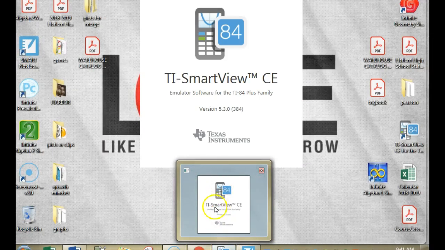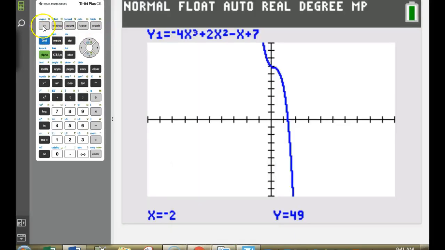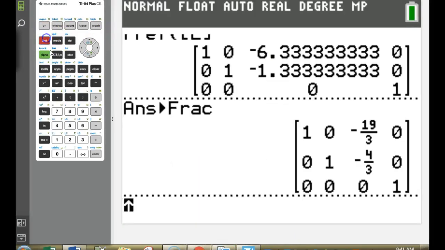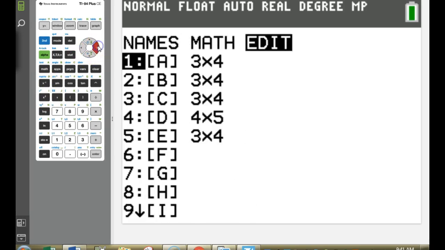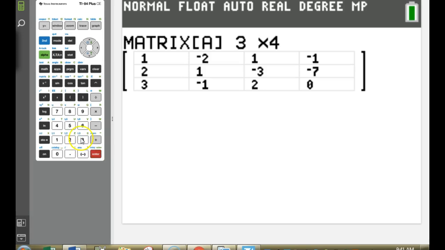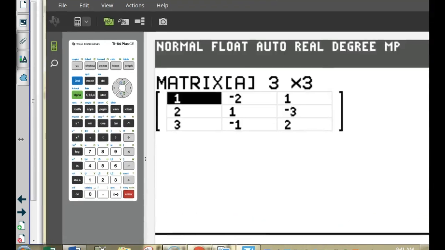Yes, for the percentages, you need to put in decimals. Great question. I should have mentioned that. Okay. So matrix A was a 3 by 3, yes. And 6, 4, 2.